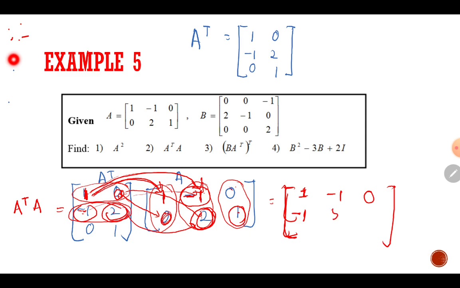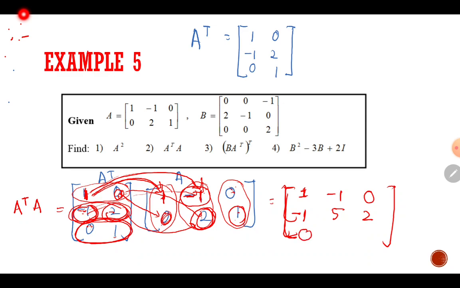So, you get 5. Okay, and then third column pula, negatif 1 darab dengan kosong. Kosong tambah dengan 2 darab 1 is 2. Clear so far? And then, finally, yang hujung sekali ni, third row darab dengan first column, kosong darab 1 tambah 1 darab kosong, kosong.